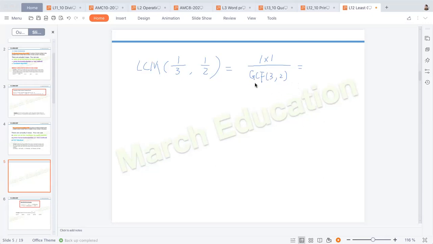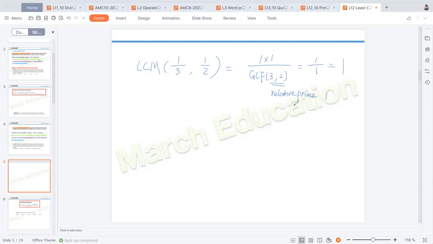What's the GCF, greatest common factor, of 3 and 2? Because they are relatively prime. So the GCF of 3 and 2 equals what? Equal to 1. So the least common multiple of 1/3 and 1/2 is 1.